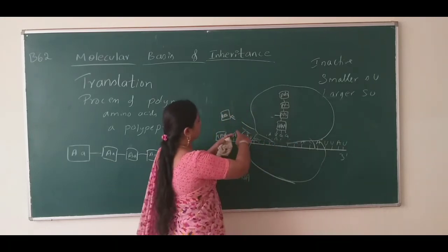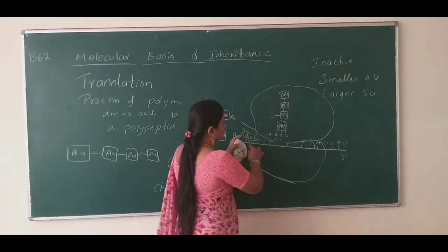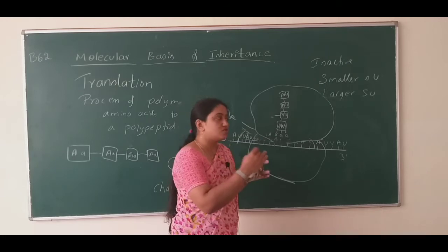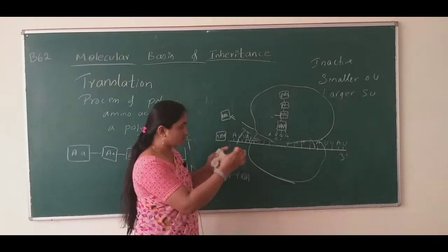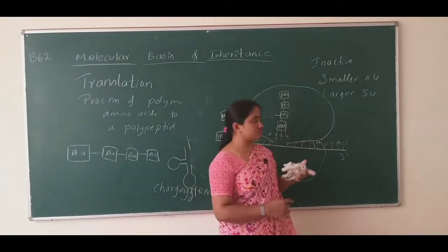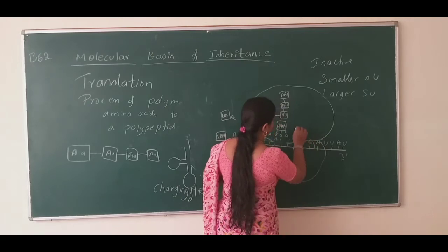At first the ribosome was here, and now the ribosome is sliding slowly, codon by codon, one triplet codon to the next triplet codon. So what should we write here?